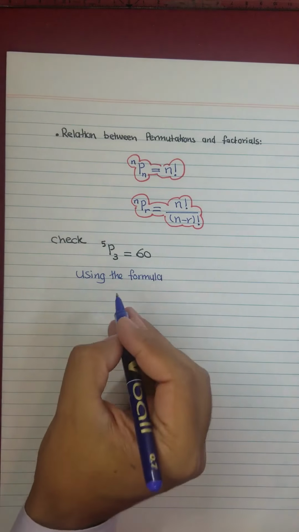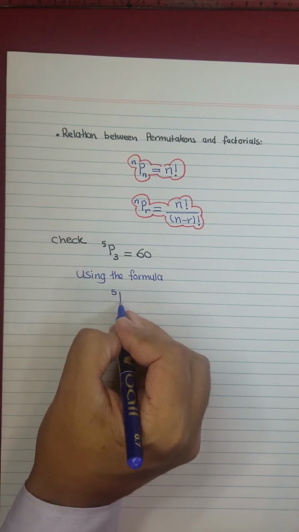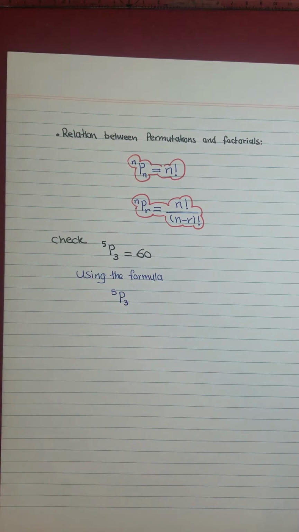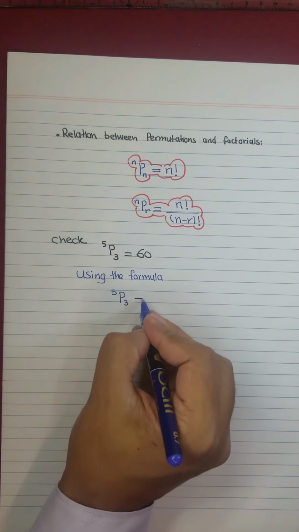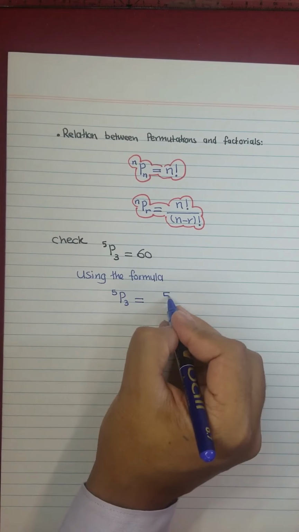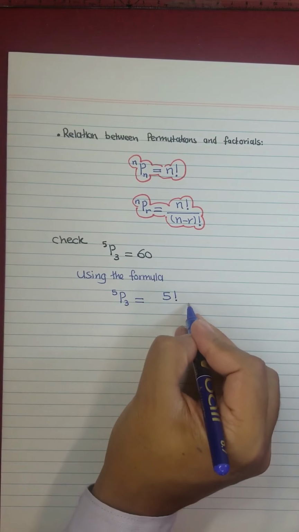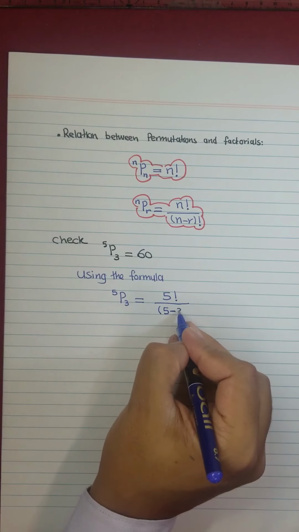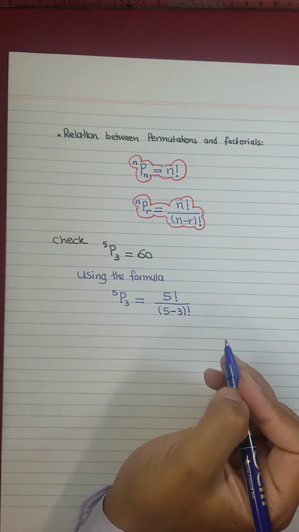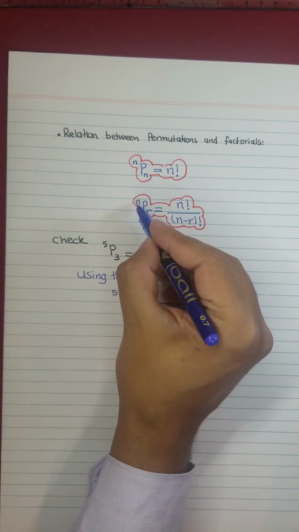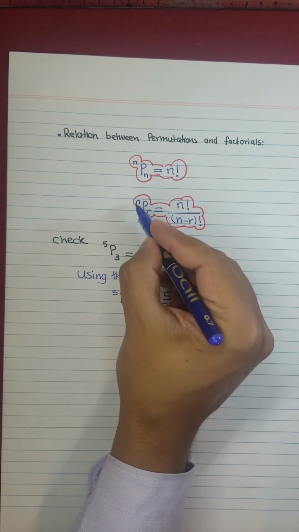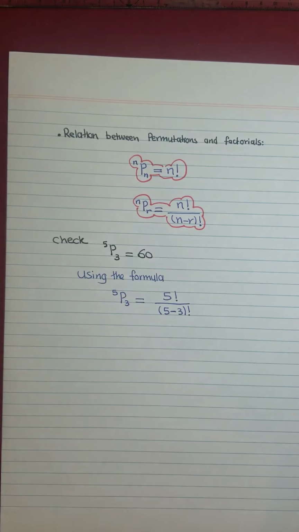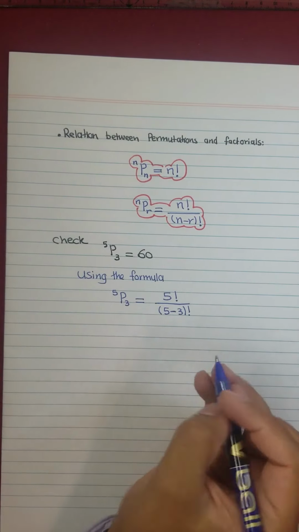Look at this, guys. So we have 5 permutation 3, right? So according to the formula, this should be 5 factorial over 5 minus 3 factorial. You see, it's n factorial, n is this number, n minus r, it means this minus this. 5 minus 3. Okay, so what is 5 factorial?